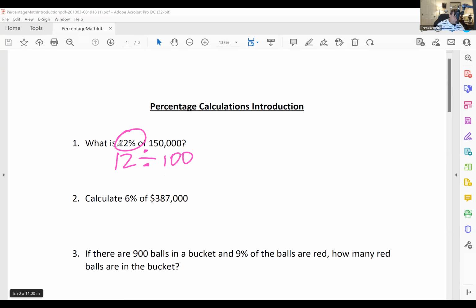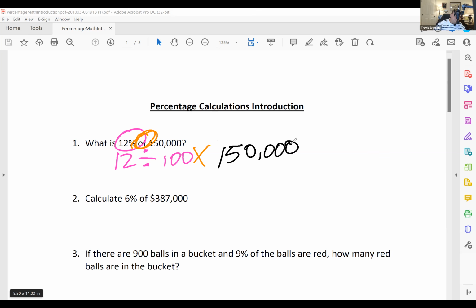We know that, right? 12% is 12 divided by 100. We also know that the word of is multiplication. So 12 divided by 100 times, and then the 150,000, we don't need to do anything with that because it's just a number they gave us.